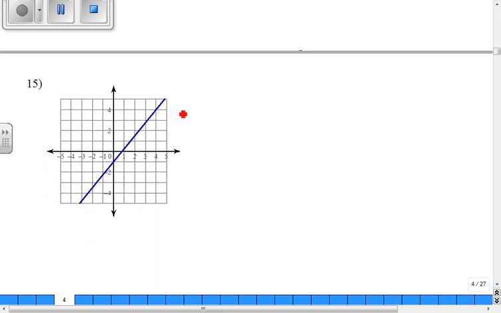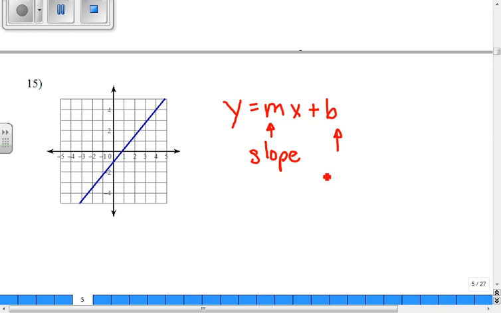Okay, all I'm asked to do here is write the slope-intercept form of the equation. So we have to remember that our slope-intercept form is y equals mx plus b, where m is my slope and b is my y-intercept.